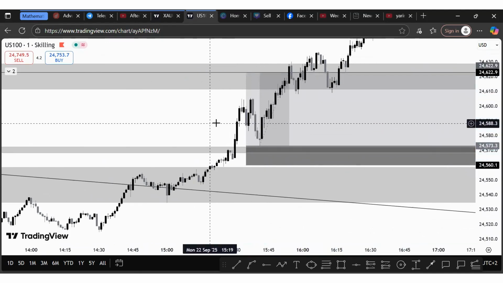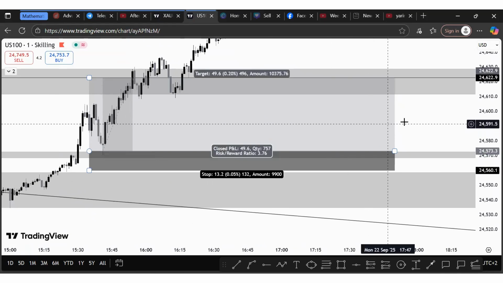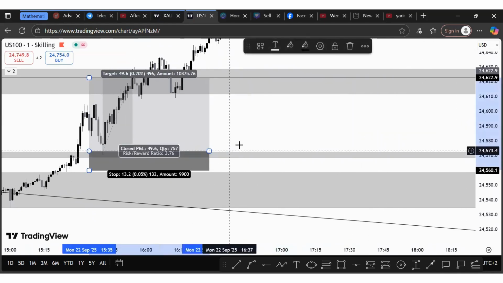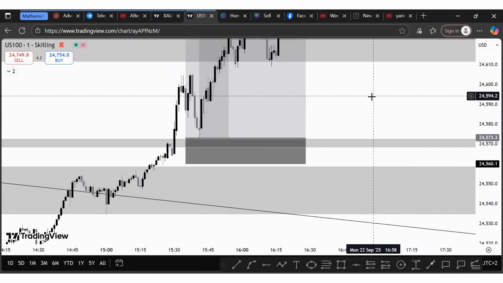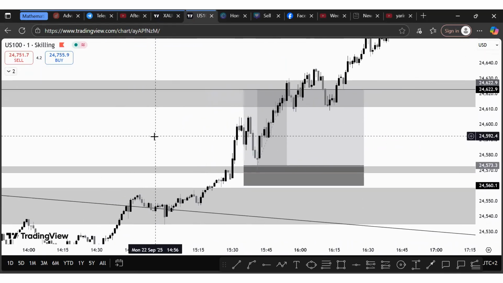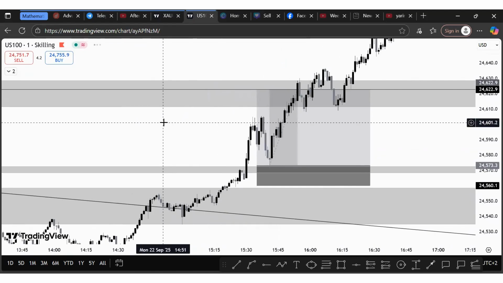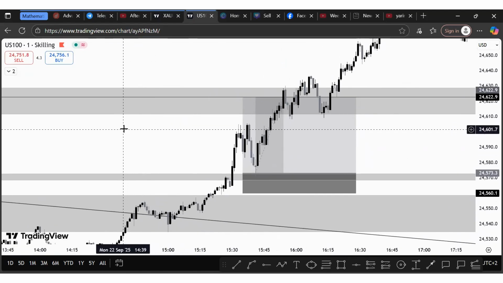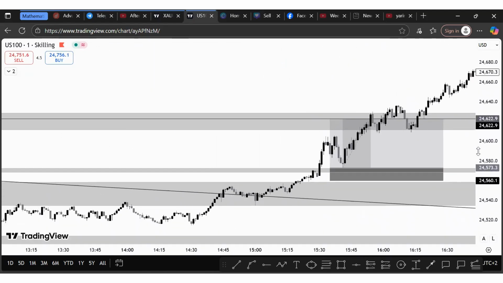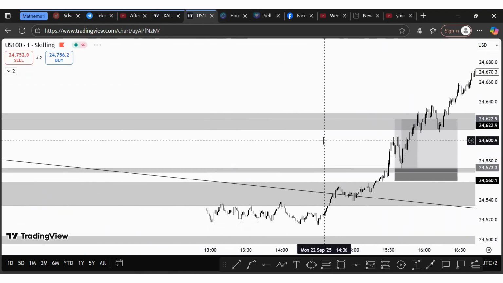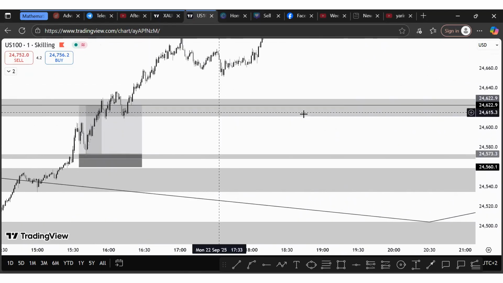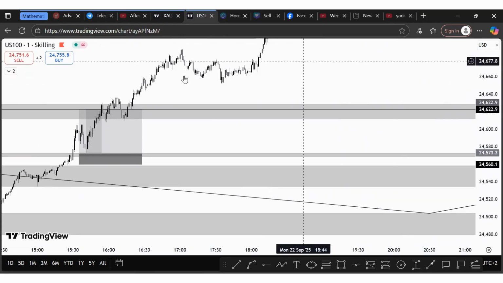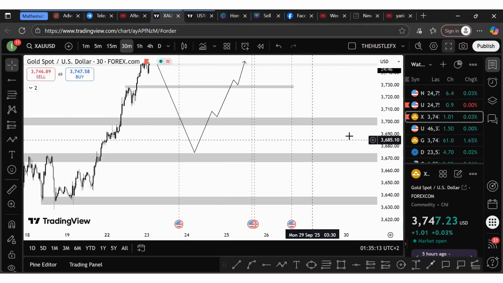This trade was also a 1:3, 1:4 trade that we took on Nasdaq yesterday. I'll give you a better breakdown of how you should be able to spot these kinds of trades, but I was just giving you the insights on how this trade went down.